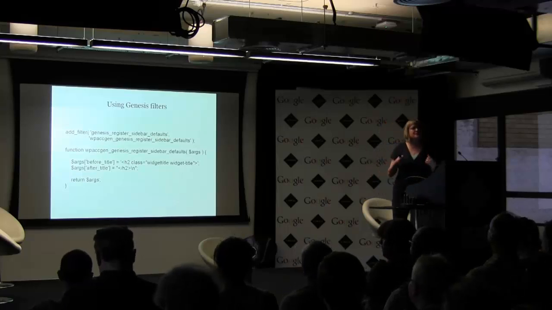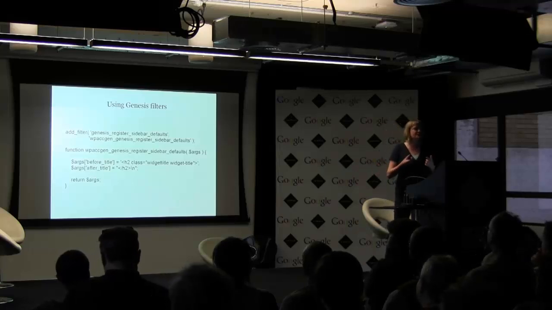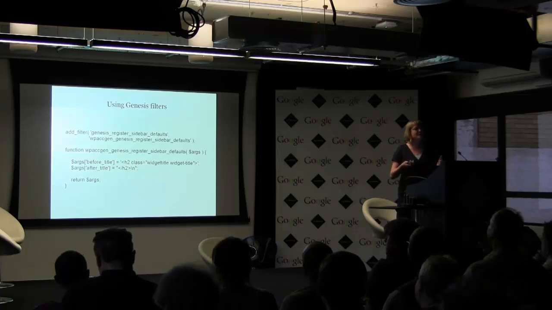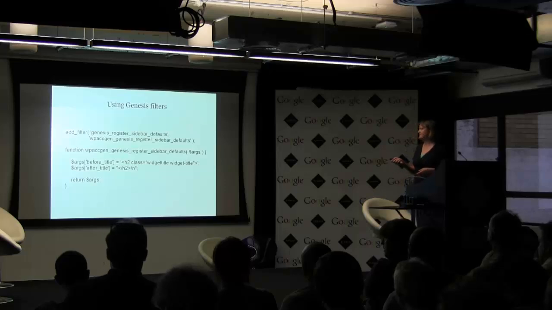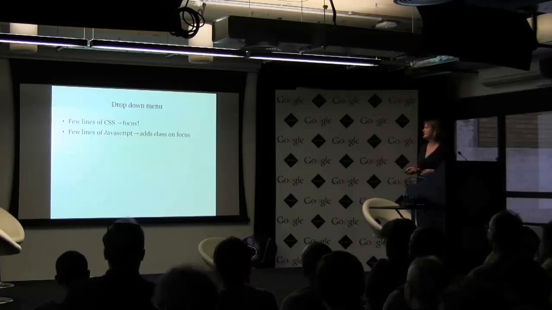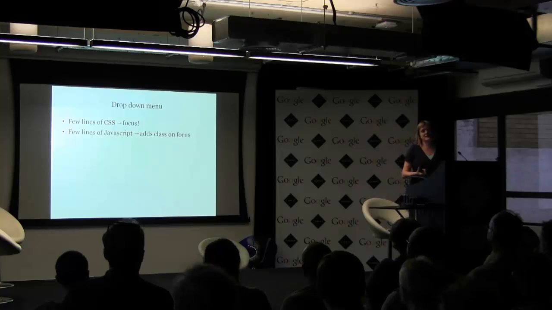I try to use as much Genesis code as possible, use filters, as many of my own filters, use the native code from Genesis. I hope then it will be forward compatible and easier to maintain, and also light. The drop-down menu I fixed, and actually it's so easy. It's a few lines of CSS, a few lines of JavaScript.